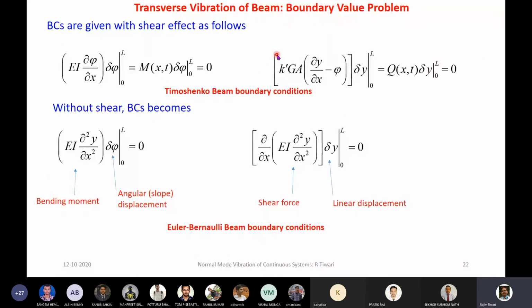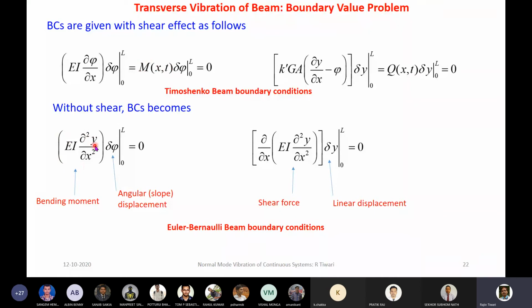So the boundary conditions now will simplify like this. I have again written the Timoshenko boundary conditions here from the previous slide. So this I am writing as the bending moment, this as slope, this as shear force, and this is the deformation. With the Euler-Bernoulli beam boundary conditions, bending moment we have defined now as EI del square y by dx square.